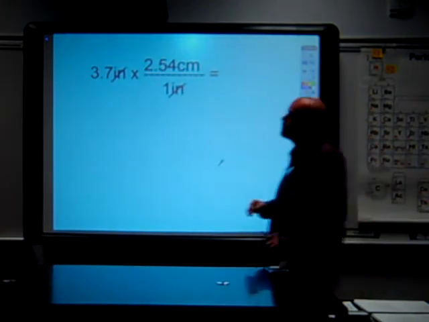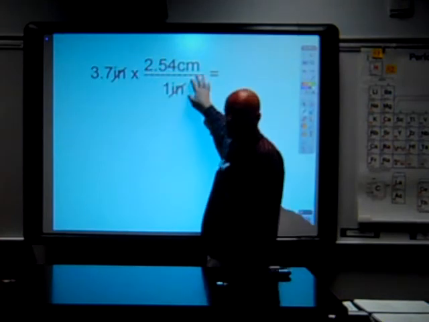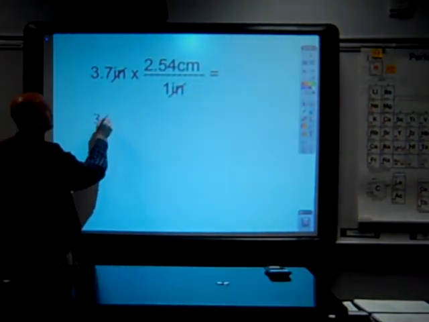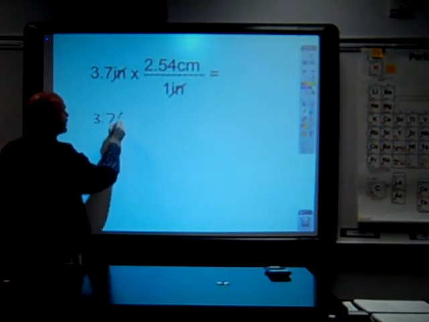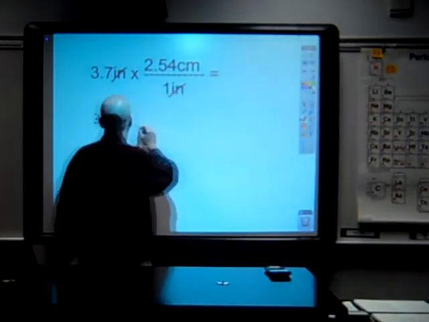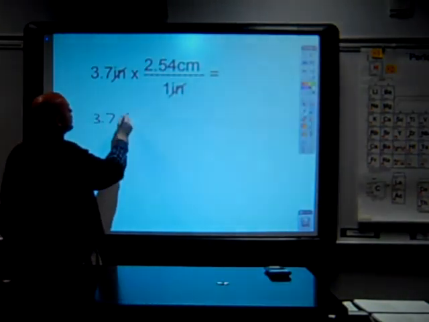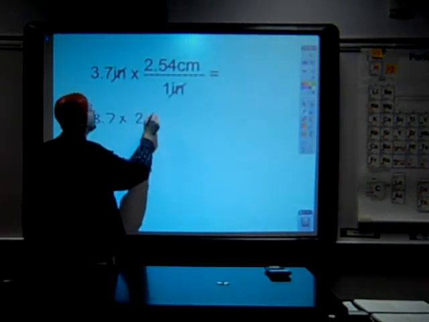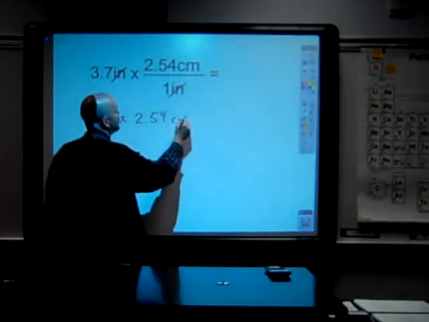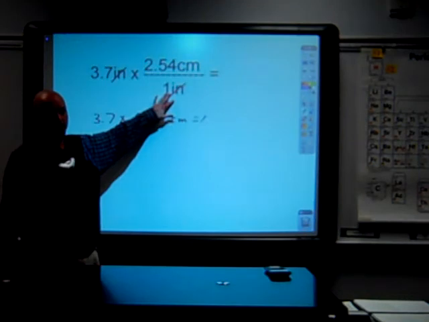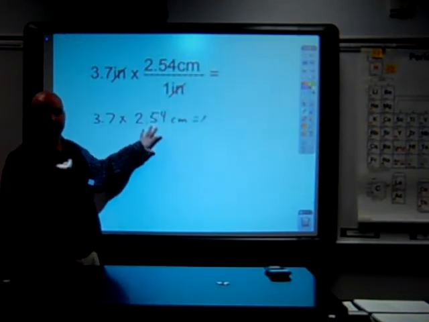Now solving this, you can take this and simplify it. What we do, we get 3.7 inch, well, the inches cancel out, so we'll take those back off. We get 3.7 times 2.54 centimeters equals, yeah, we just took the 2.54 divided it by 1 to simplify it.